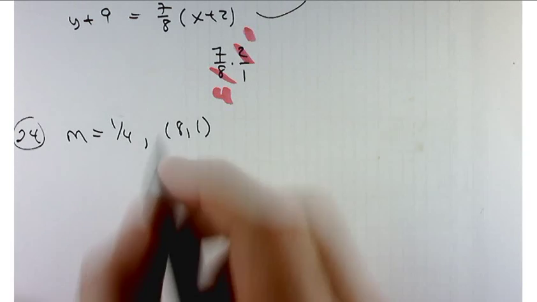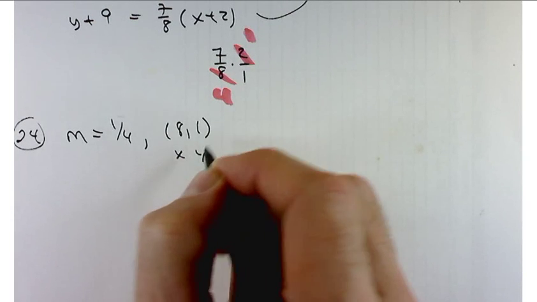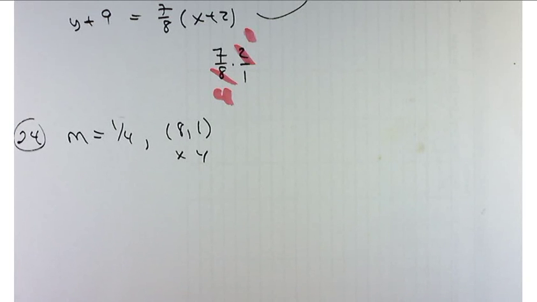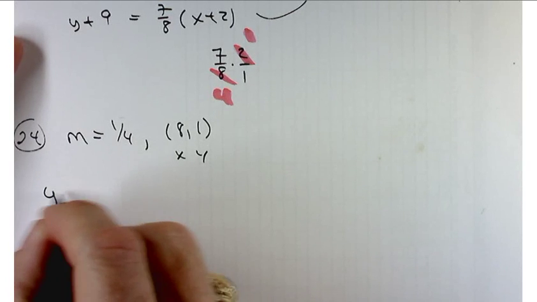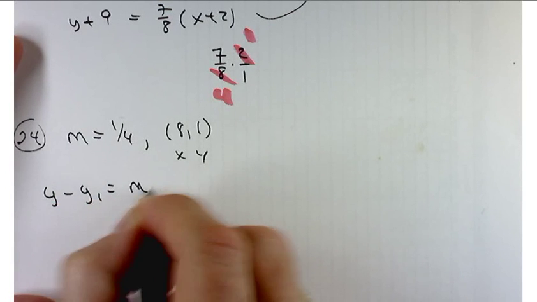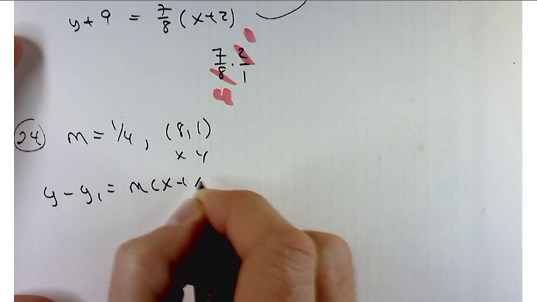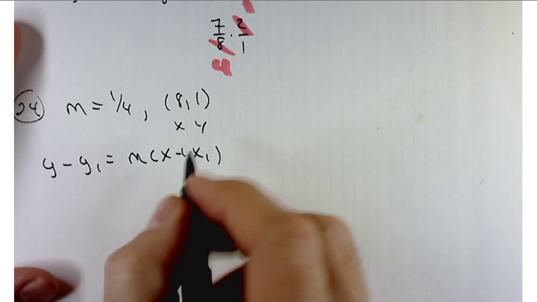Your point is 8 and 1. Plug this into this formula. y minus y1 equals m times x minus x1. It should be a minus here.